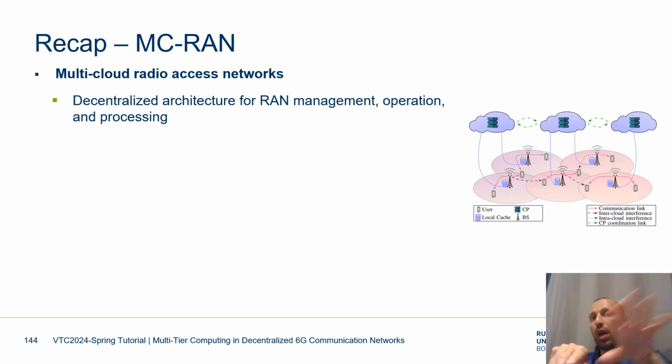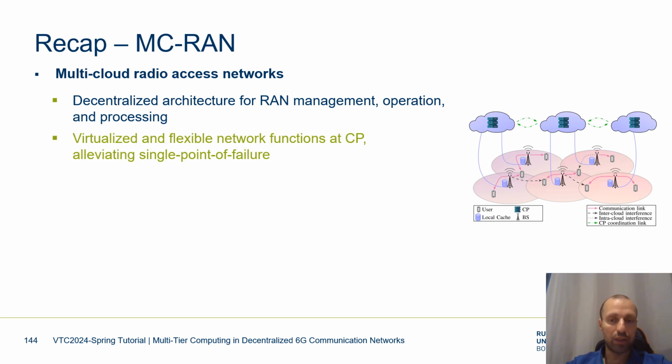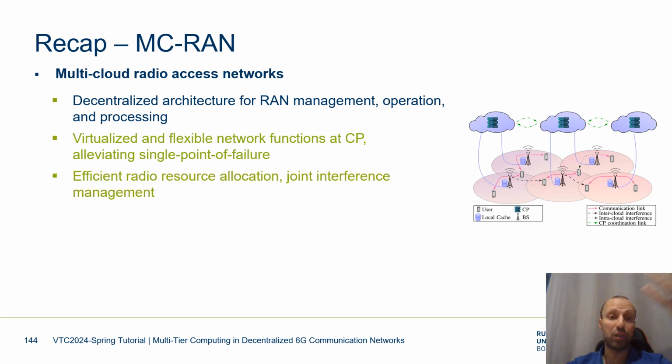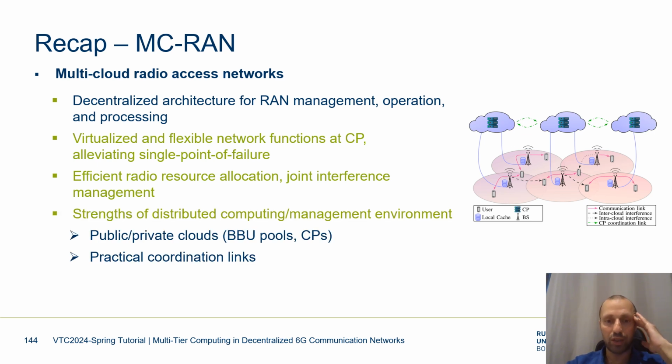In multi-cloud RAN, we are trying to distribute the computation and the communication, to distribute the intelligence across the network, and to exchange a reasonable amount of information between the different clouds to achieve important metrics from a communication and computation perspective. Multi-cloud RAN provides a flexible network and still benefits from the advantages of CRAN, but at the same time provides more practical and widely spread coverage and connectivity across systems.